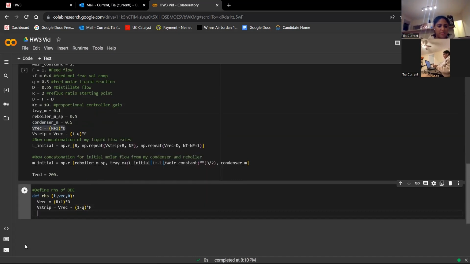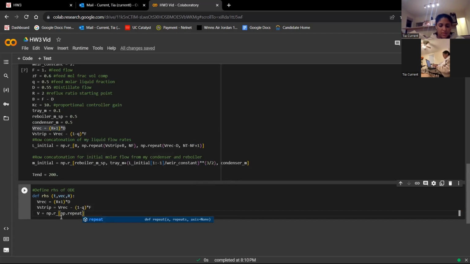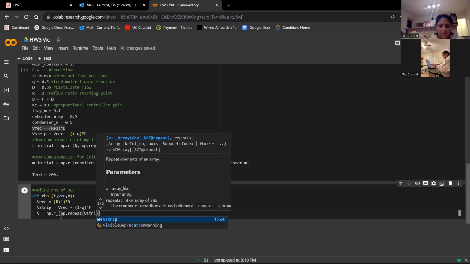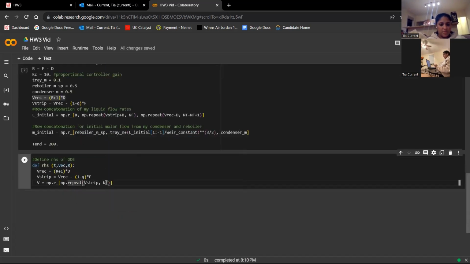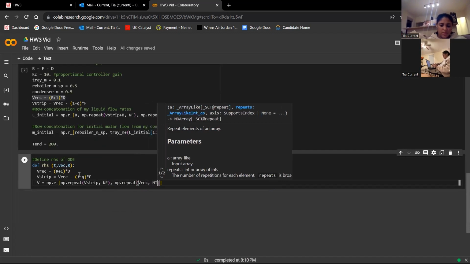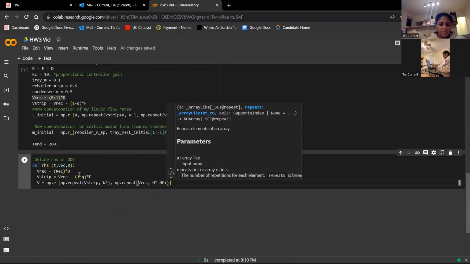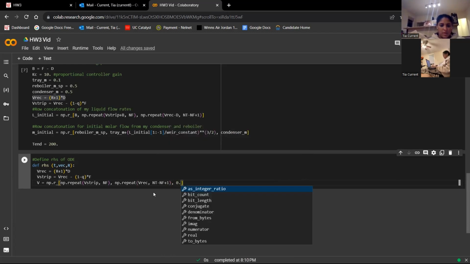This is all in open bracket, and then repeat V strip in F, which is going to be our V tray. NP dot repeat V tray plus 1, and then 0.